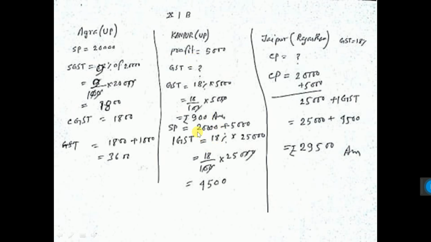CP here is 20,000 because their SP means our CP, 20,000. So SP will be CP plus profit. Profit is 5,000, so 25,000. So here UP to Rajasthan, so IGST. IGST 18% into 25,000. Total SP 25,000. So this is IGST.